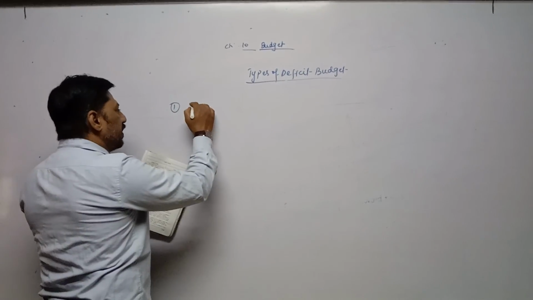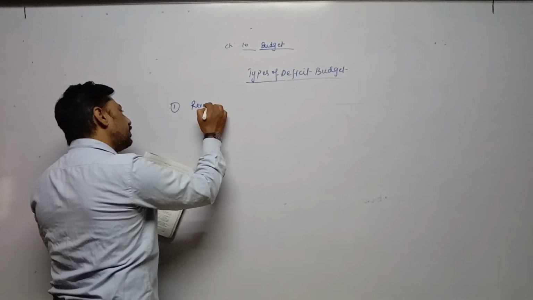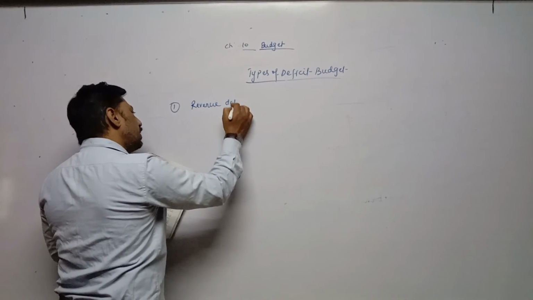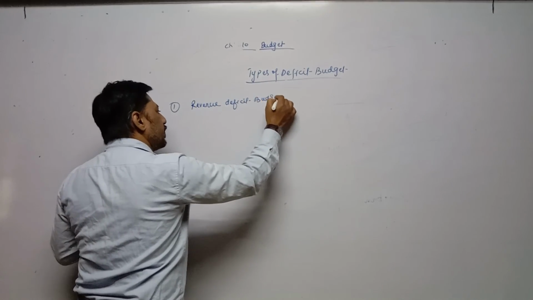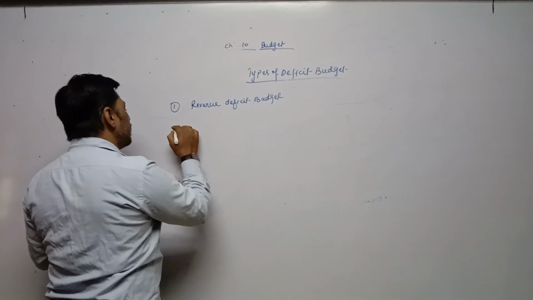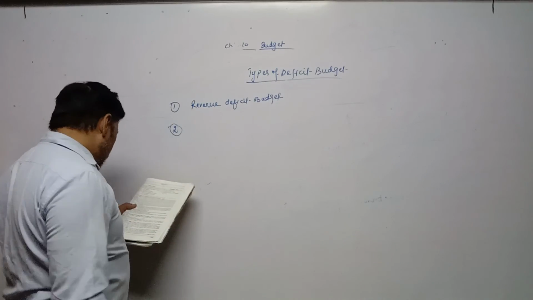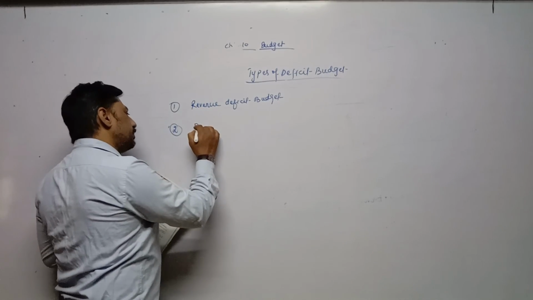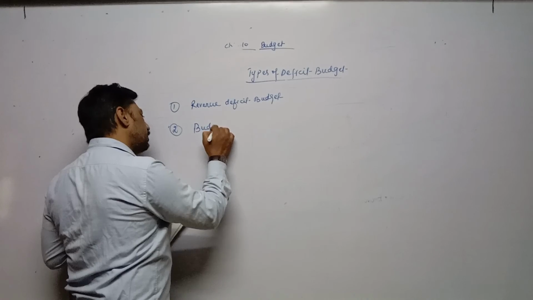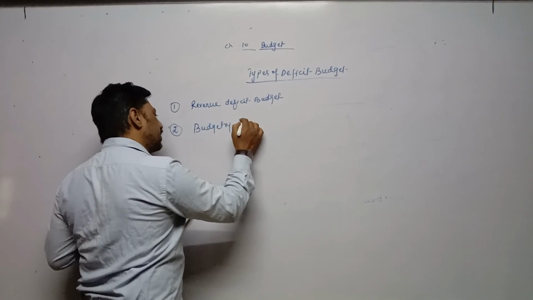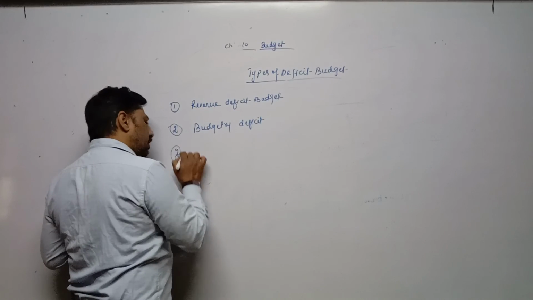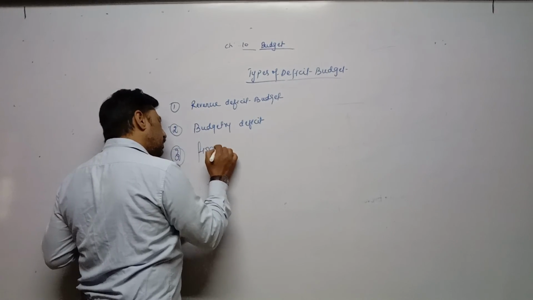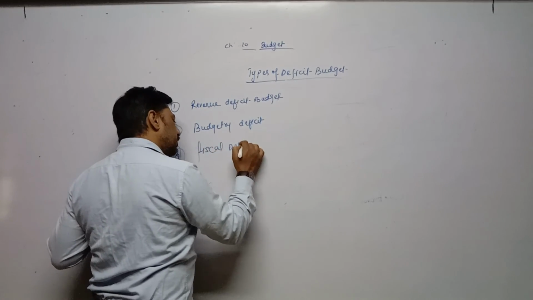One is revenue deficit budget. Second one is budgetary deficit. Third one is fiscal deficit budget.